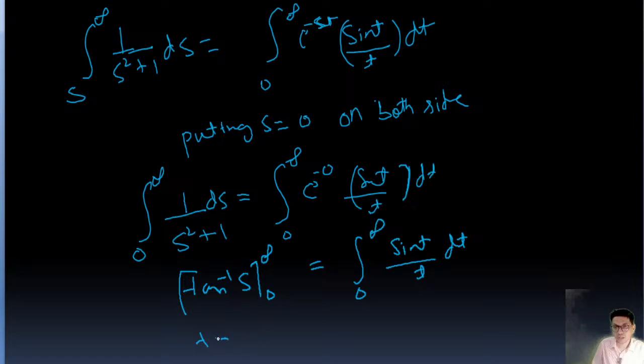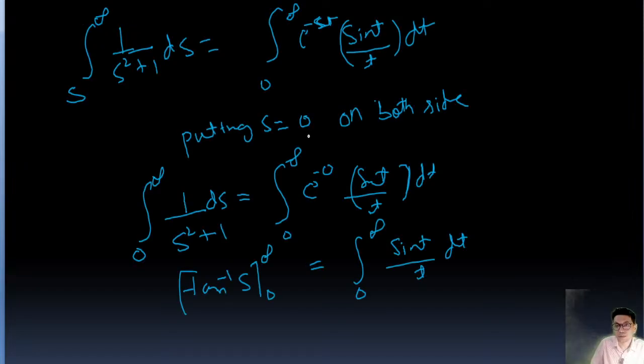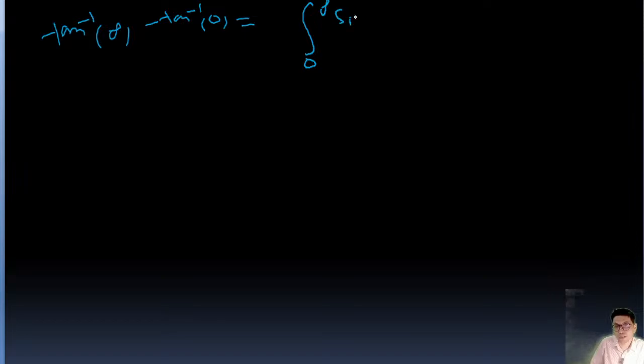So this is tan inverse infinity minus tan inverse 0, and this is equal to integration 0 to infinity sin t upon t dt.